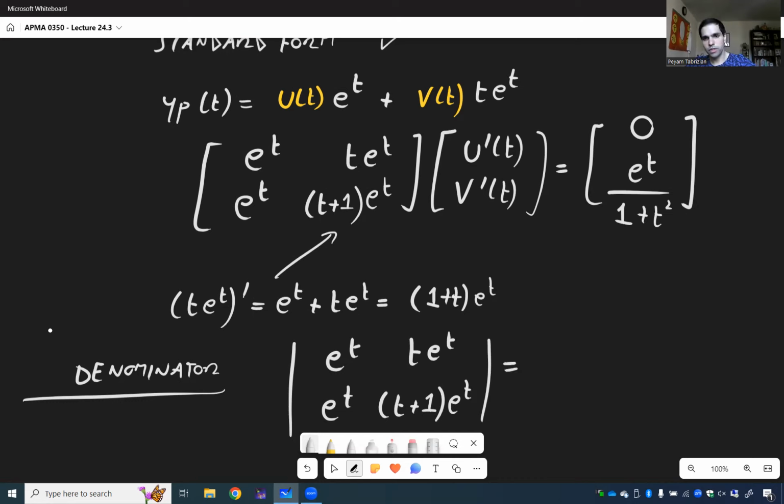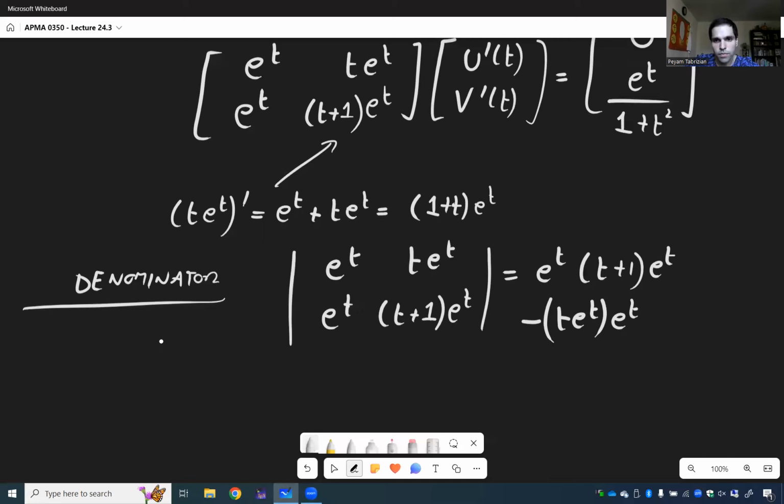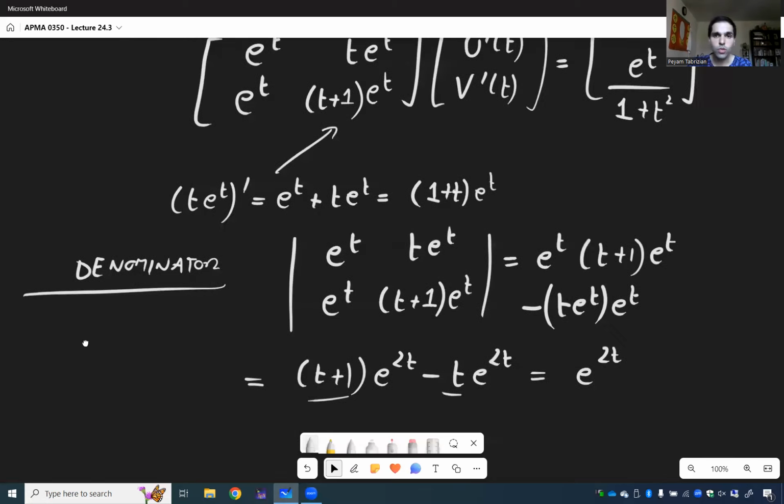So this becomes e to the t times (t plus 1) e to the t minus t e to the t times e to the t. And you will see the nice thing is it simplifies. So this becomes (t plus 1) e to the 2t minus t e to the 2t. And then t plus 1 minus t is just 1. And so you just get e to the 2t. So the denominator will always be e to the 2t.